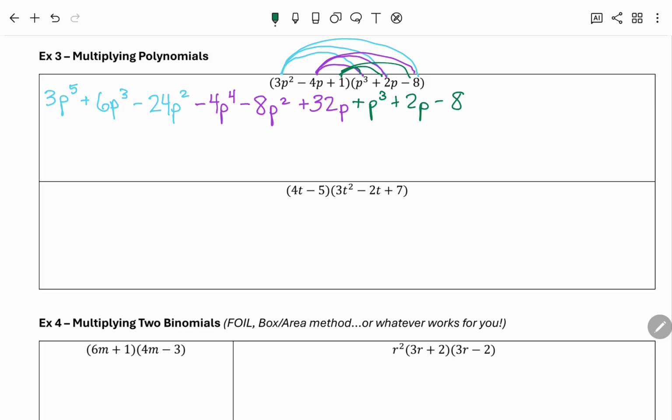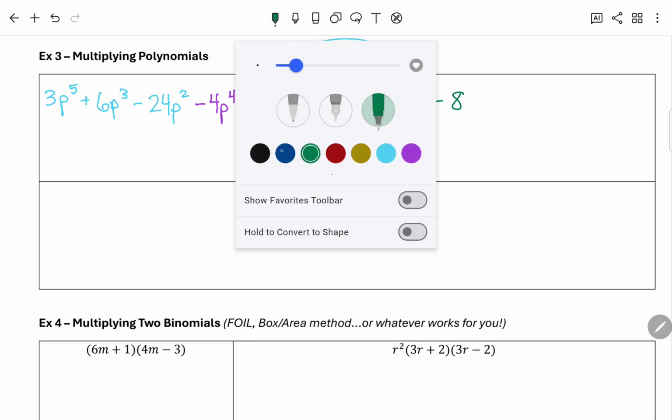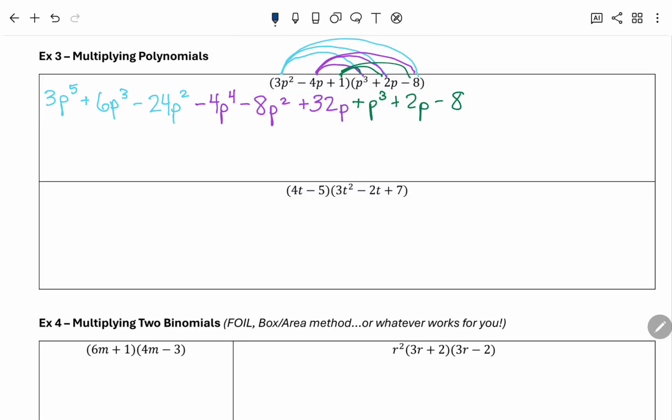Okay, now we're going to look to combine like terms. So do I have any other p to the 5th? No. Then I'm going to look for p. I'm going to cross it out, so I already used it. Here I have a p to the 4th. And now I have plus 6p cubed plus 1 more p cubed. So that's going to be 7p cubed.